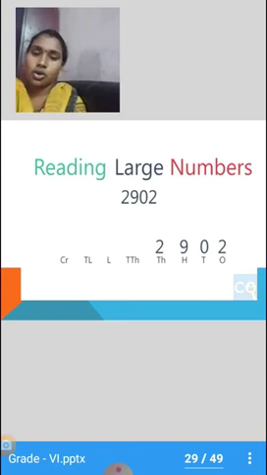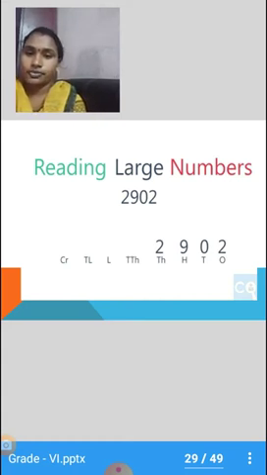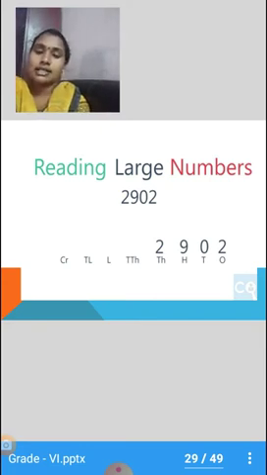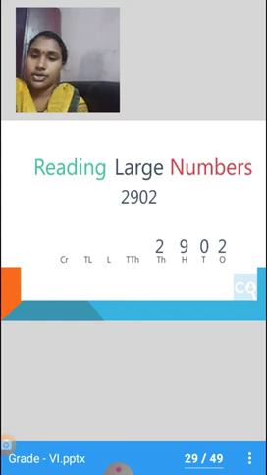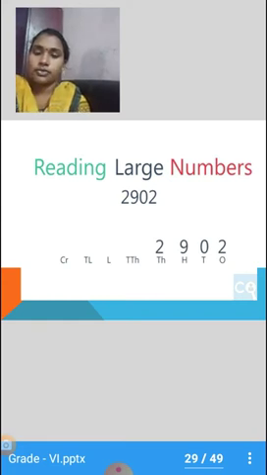So 2 comes in the ones place, 0 comes in the tens place, 9 comes in the hundreds place, and again 2 comes in the place of 1000. So how do you read this larger number? You read it as 2902. So how do you read it, children? 2902.